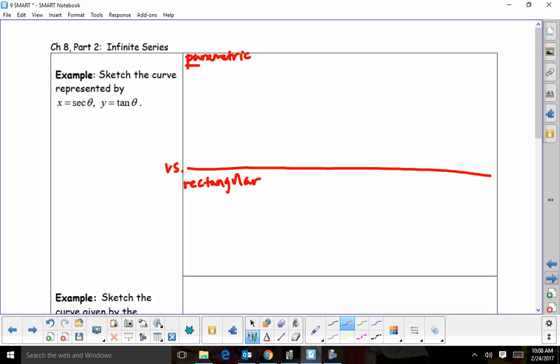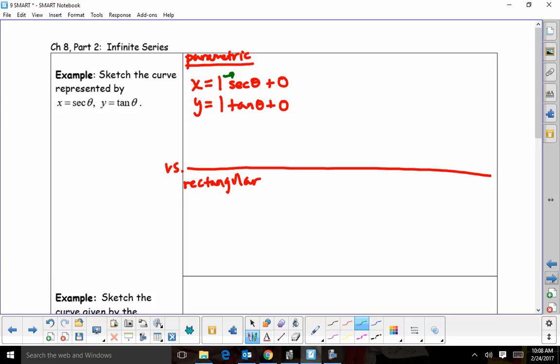So parametric. I'm going to set this up a little bit to match that A and the H and the B and the K. So in front of secant is just a 1. And added on to secant would be a 0. Same thing, right? With my y, I'm going to do the same thing, like this. Okay, and why am I doing this?